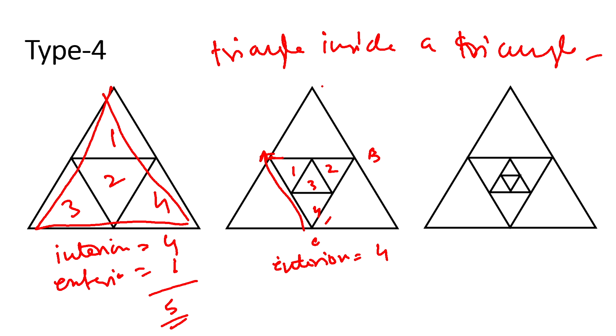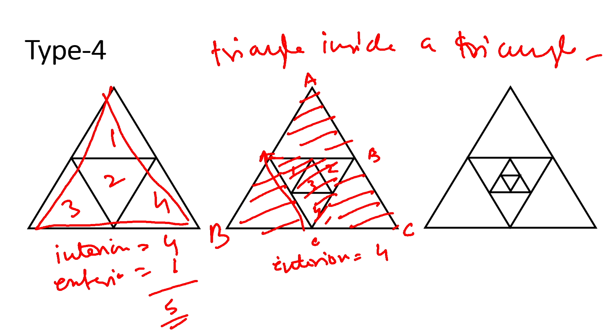Okay, now take this whole triangle A, B, C. So there will be 1 triangle, 2, 3 and 4. So again interior 4 triangles and this whole triangle. So this becomes exterior 1. So a total of 9 triangles.